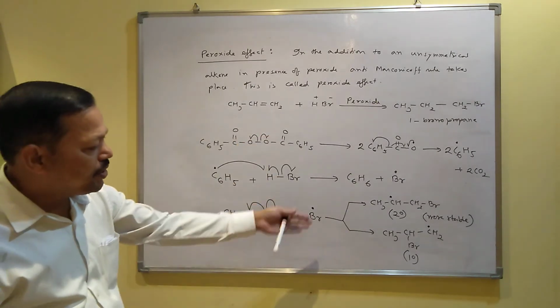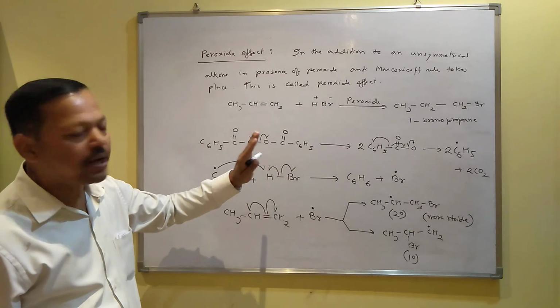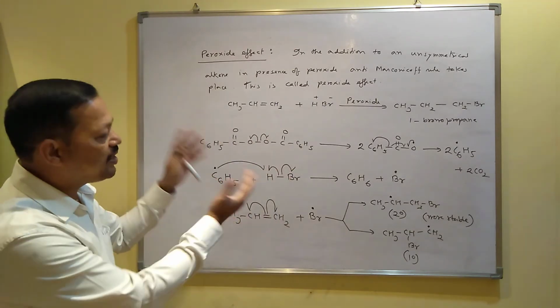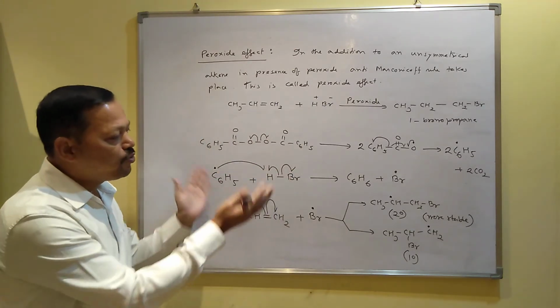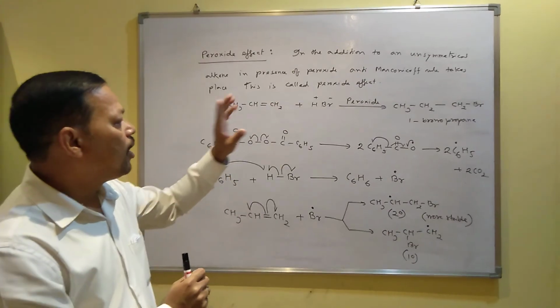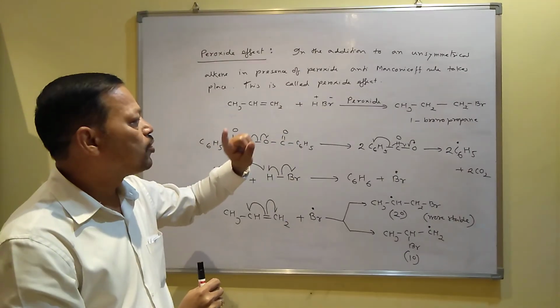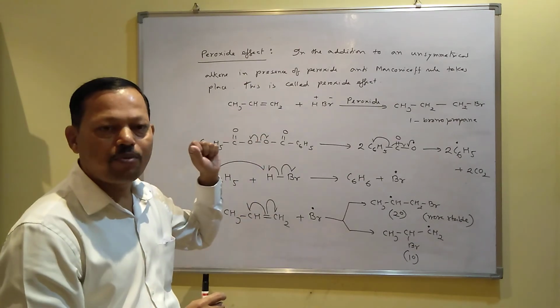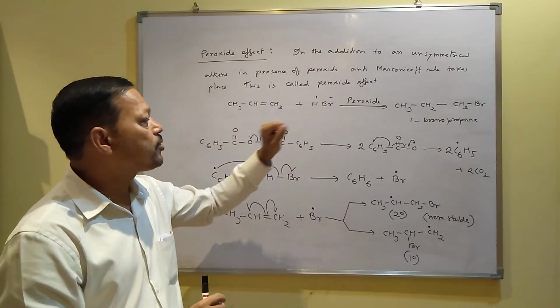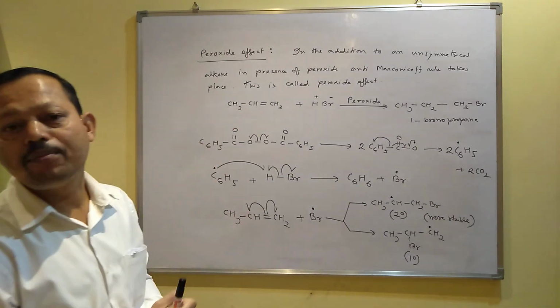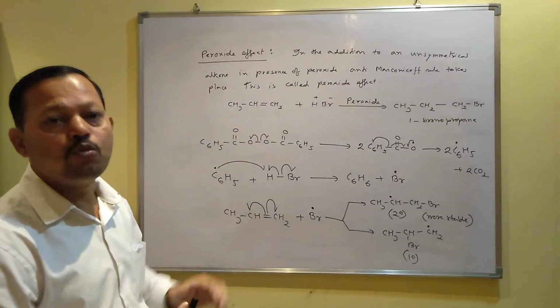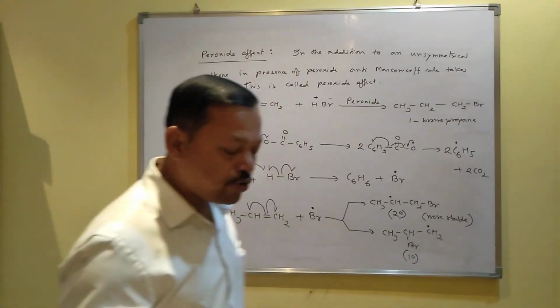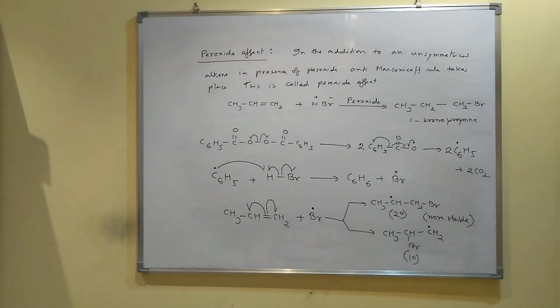So if you know about these two mechanisms, I mean the Markovnikov mechanism and the anti-Markovnikov mechanism, then you will get this Markovnikov rule concept, why the negative part is added to that double bonded carbon atom which contains less number of hydrogen, or in presence of peroxide, why the negative part is added to that double bonded carbon atom which contains more number of hydrogen atoms. So this is about the Markovnikov addition, Markovnikov rule and anti-Markovnikov rule.